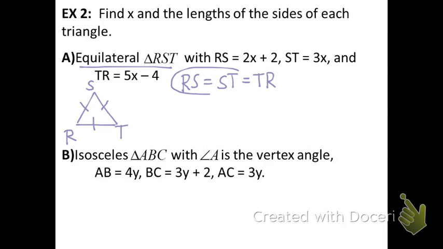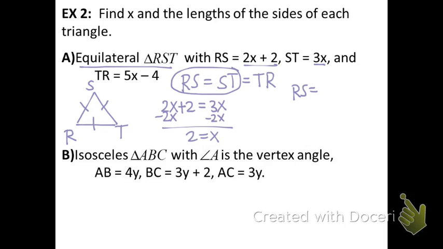So we're going to choose two of them and solve for x. RS here is 2x plus 2. And we're going to set this equal to ST, which is 3x. And then from here to solve for x, we just subtract 2x from both sides. So 2 equals x.